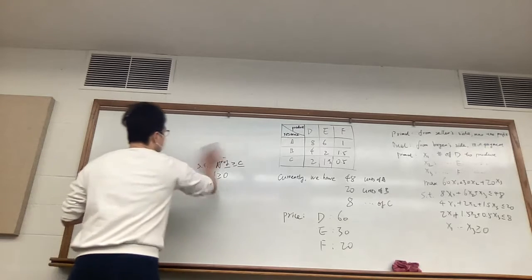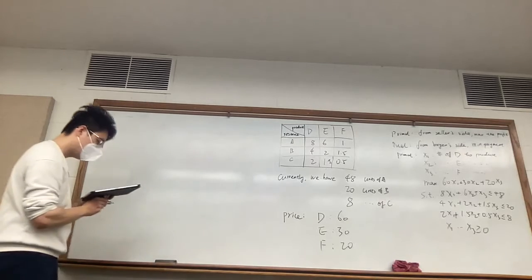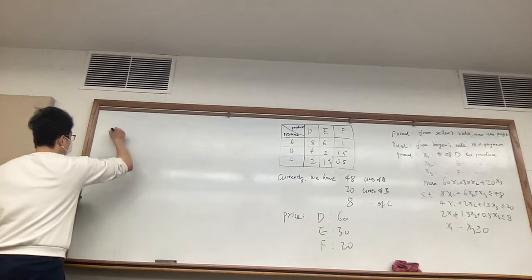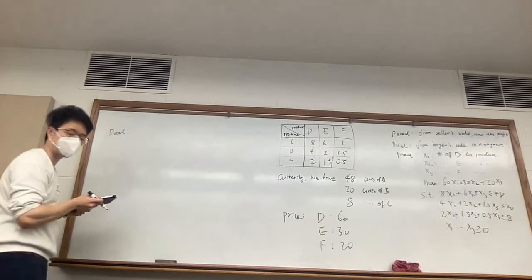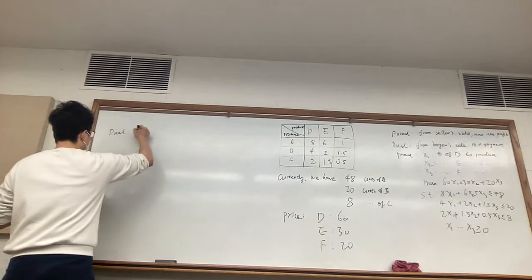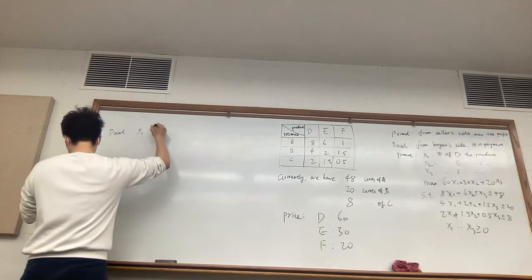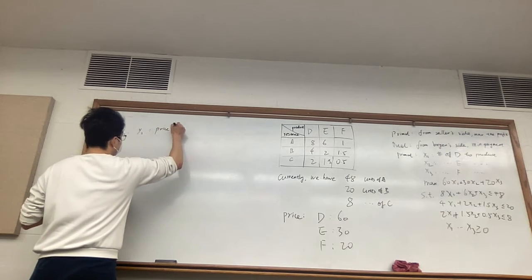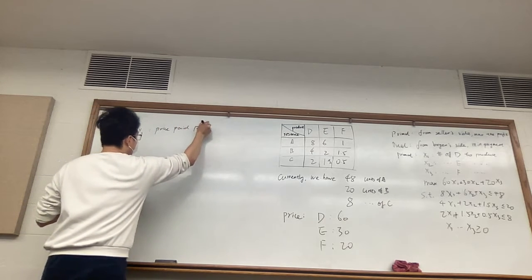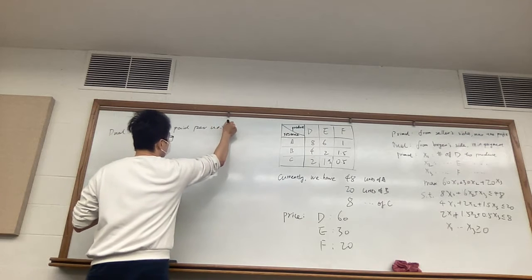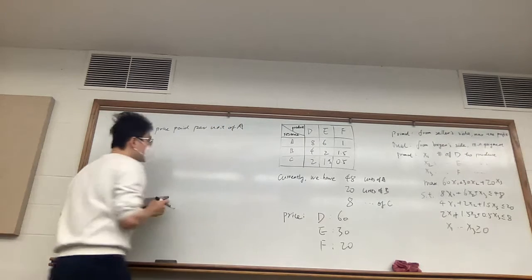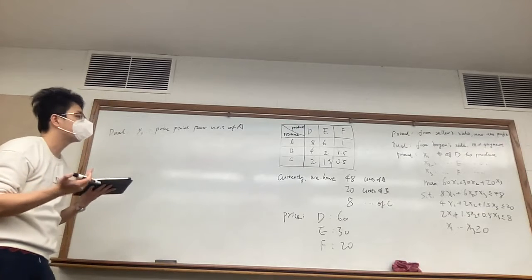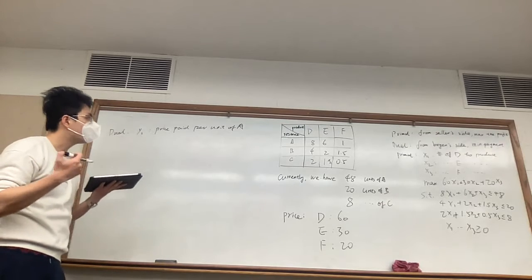So actually, what we do is like this. In the dual problem, we design Y1 to be the price paid per unit of A. I think that this is a little bit weird, but actually this is just an economic interpretation when we design the dual problem.